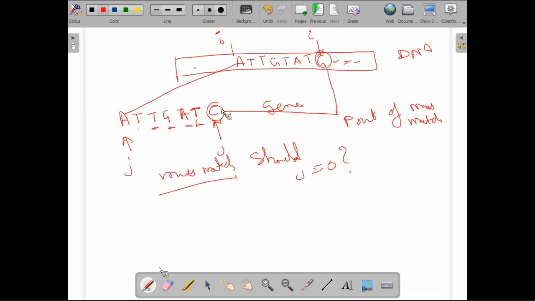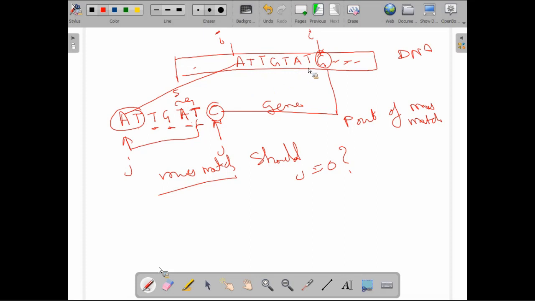Now I again have to start from here. But if you look at this pattern carefully, you see this is a suffix of the pattern which has matched so far. This portion has matched so far, till here. Only then did we come here, no? In the matched portion of the pattern, till here, whatever is there, this is the prefix, and this is the suffix. That suffix is also a prefix.